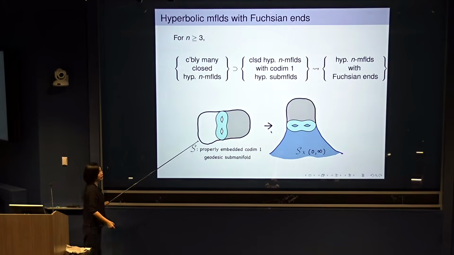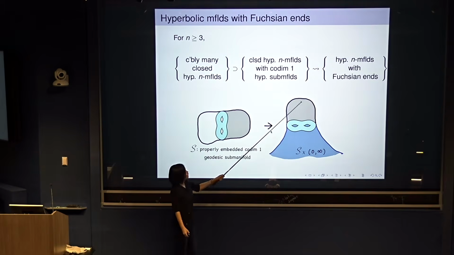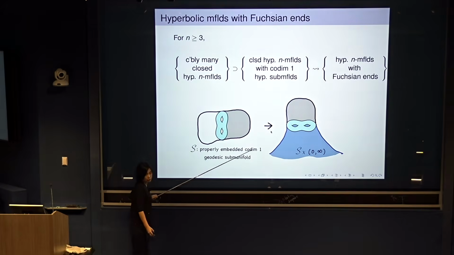If I have such, then I can do this cut process again. I can remove this codimension 1 hyperbolic submanifold, and then I obtain a hyperbolic n-manifold with compact boundary. And again, there is a natural way to make this a complete hyperbolic manifold. This is what we call a Fuchsian end.